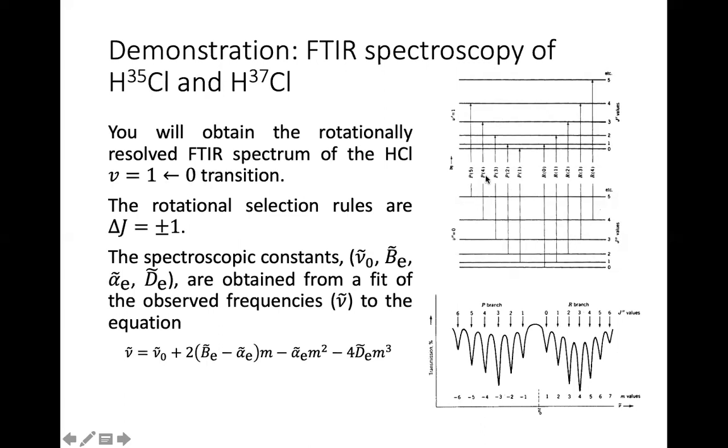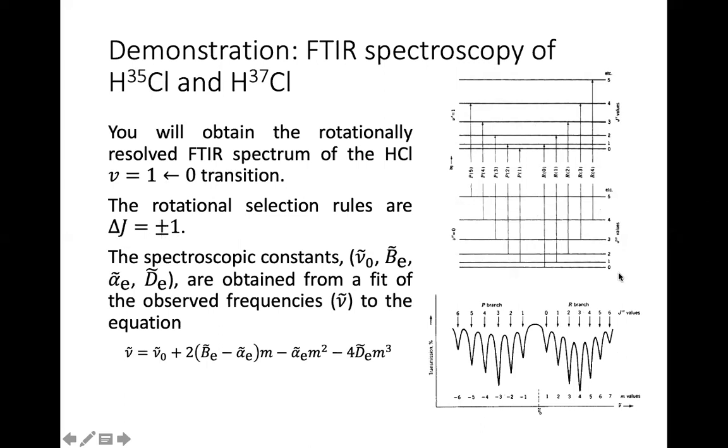And so a level diagram is shown right here in the upper right-hand corner of this slide. So for V equals 0, you can have the angular momentum quantum number equal to 0, 1, 2, 3, 4, etc. And for V equals 1, you can also have the J value of 0, 1, 2, 3, etc. And the spectroscopic selection rule says that the transition is allowed if the change in J is plus or minus 1.